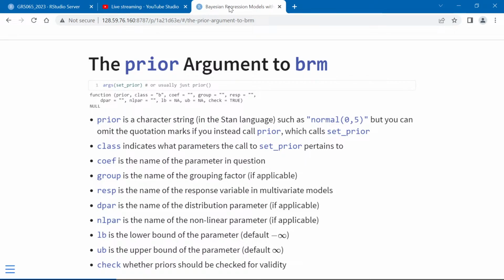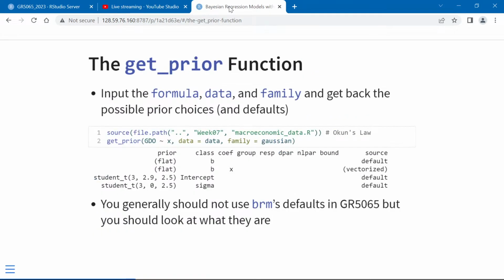There's a bunch of other ones that are used less often, lower bounds, upper bounds, etc., that may be on the parameters. But we'll see a few examples of how to call this.